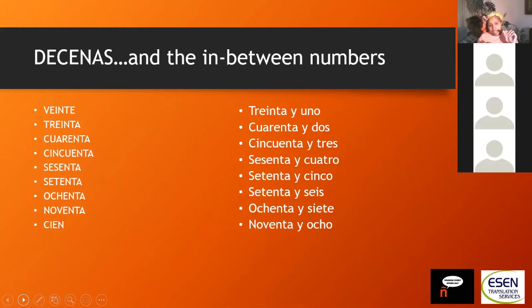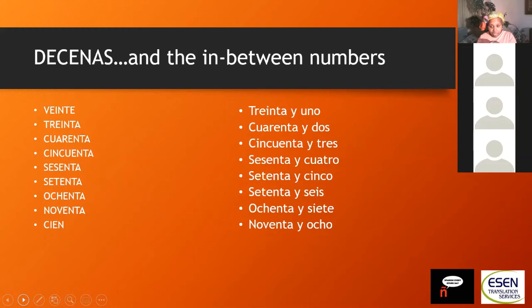Good. Now, if we need numbers between 20 and 30, and then 30, 40, 50, 60, etc. Notice that instead of making one number or one word, as we did with the 20s and the latter teens, it's 3 words.